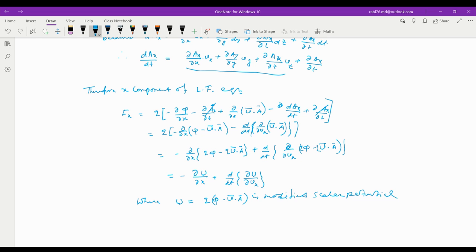Fx is what? Fx is nothing but the x component of force, which is nothing but del t by del vx, right? So u is the generalized potential, we call it the modified scalar potential, which is called the generalized potential.